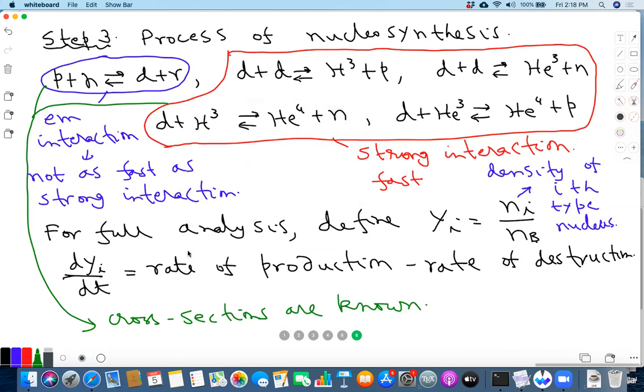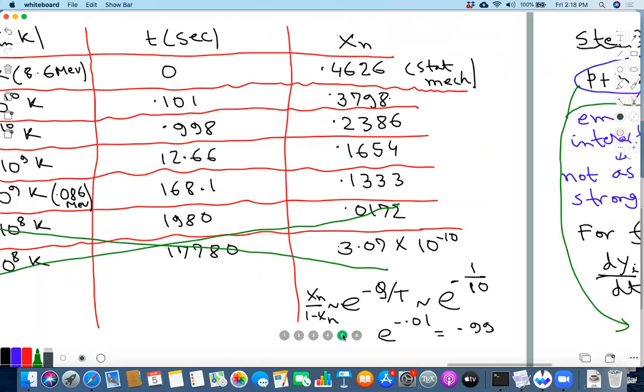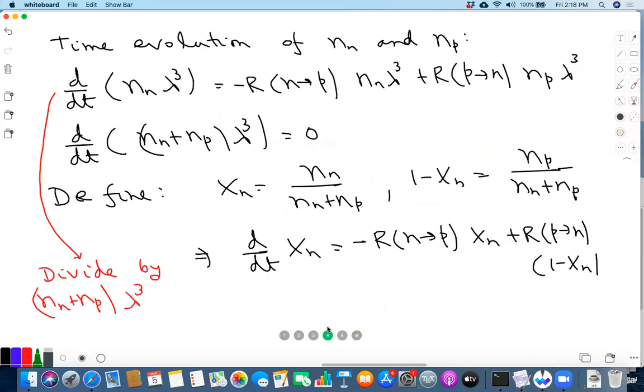So in actual numerical computation, this is what to do, right? You just plug in the rate of production minus rate of destruction, you set up the differential equation, and then you simply evolve them with time. It's basically a generalization of what you already did earlier, except that instead of having just the fraction of neutrons and fraction of protons, you also have other variables that enter the equation.